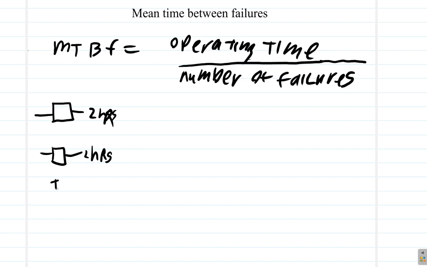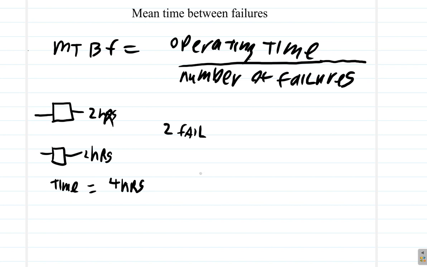Since there are 2 resistors, it's not just one. The time would be 4 hours. Alright? And let's say 2 fail.